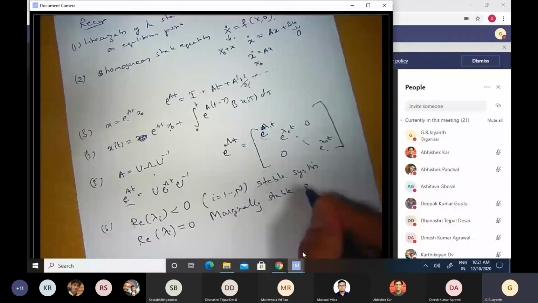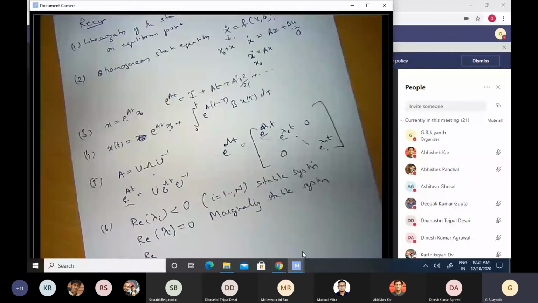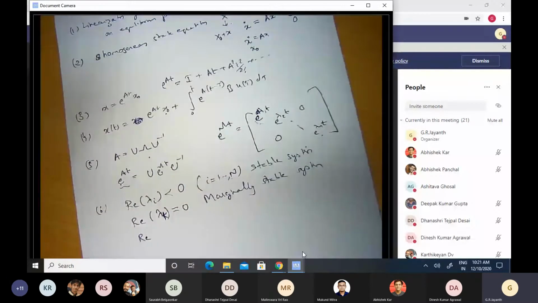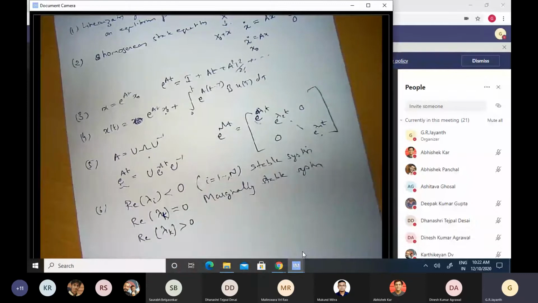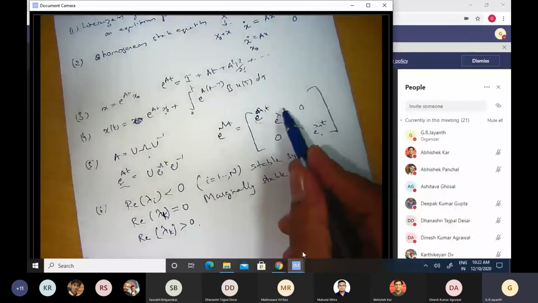And if the real part of lambda k was greater than 0 for some particular k, maybe more than one value of k, then you have e to the power of some positive quantity times t in this matrix.